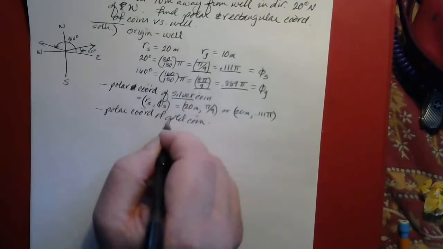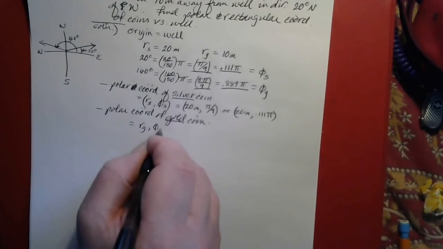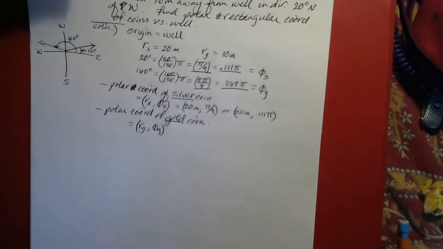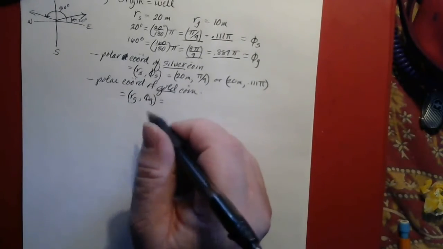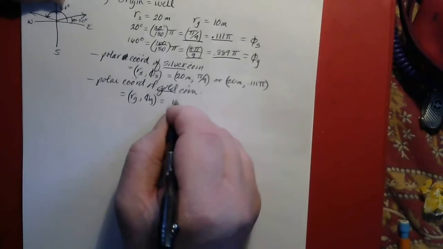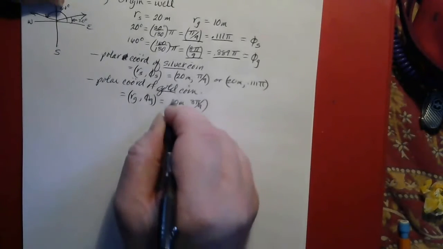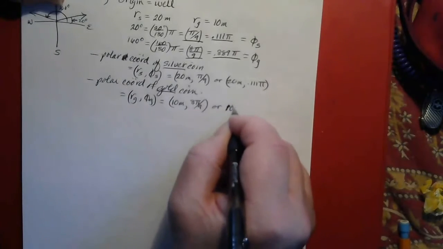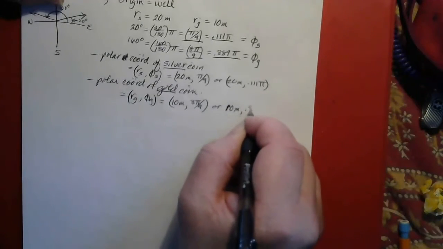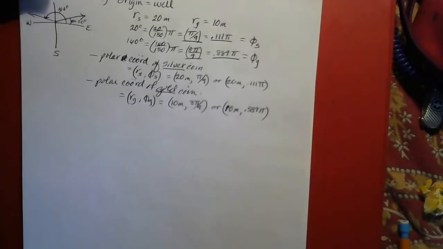So for the gold coin, that's going to be r_g, phi_g, and that's going to be 10 meters and 8 pi over 9, or 10 meters and 0.889 pi, if you prefer to do it that way.